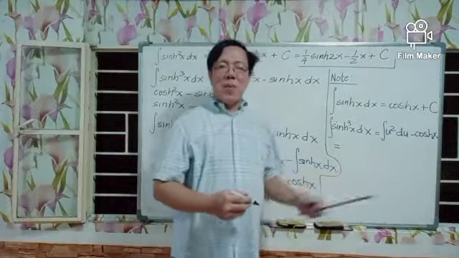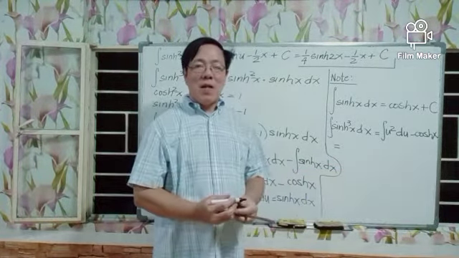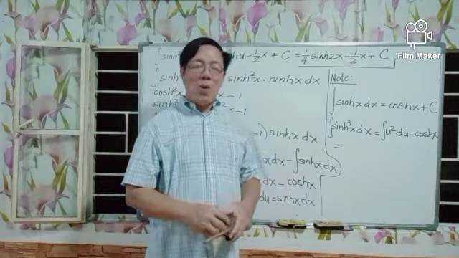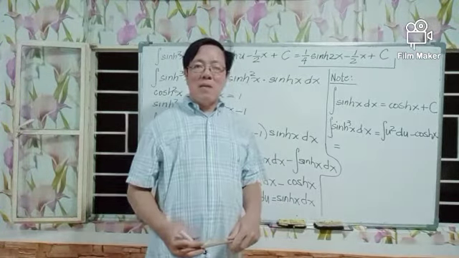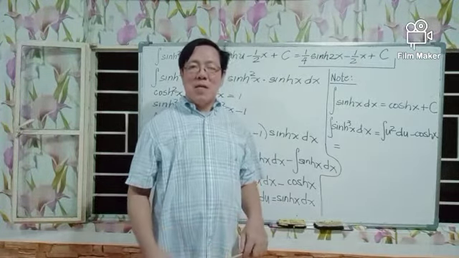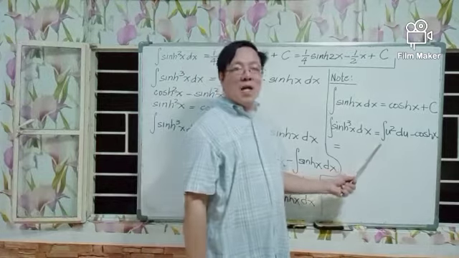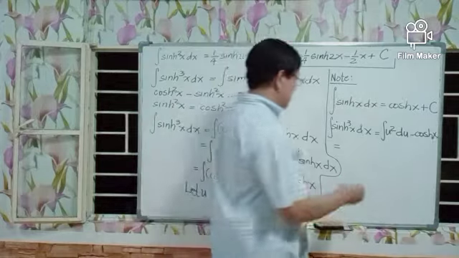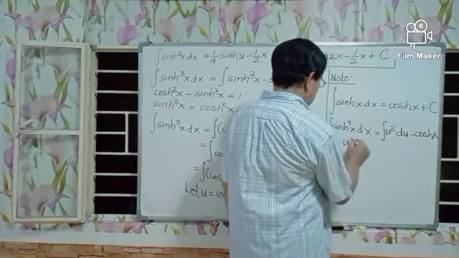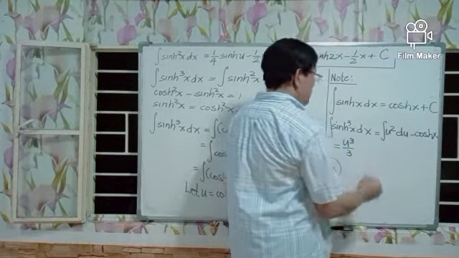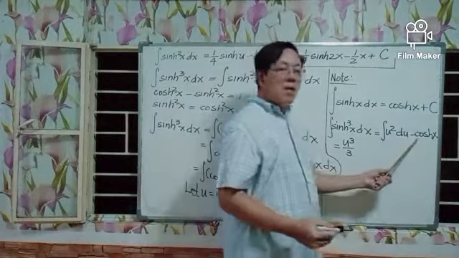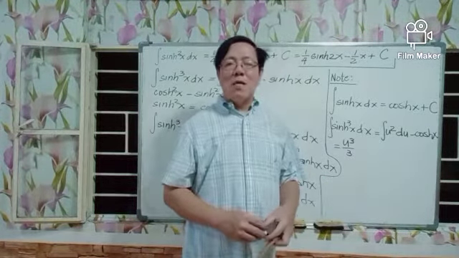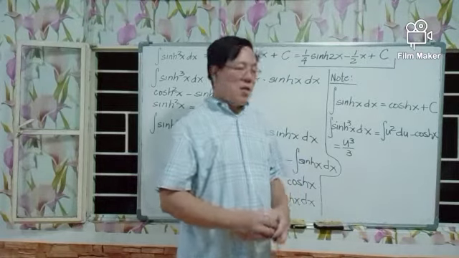And we simply apply the power rule to get the integral of u squared with respect to u. We add 1 to 2 and we divide by the sum, 3. Hence, the integral of u squared is u cubed divided by 3. Minus hyperbolic cosine of x, and we now write plus c, or constant of integration.